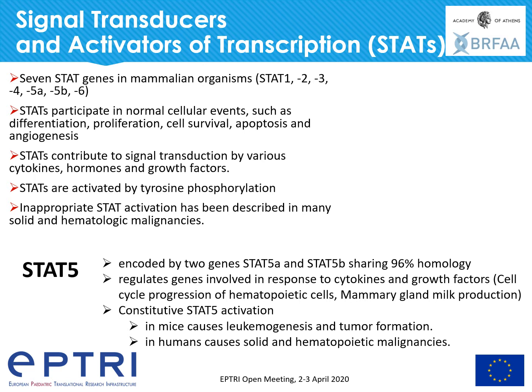STATs contribute to signal transduction by various cytokines, hormones, and growth factors, and STATs are activated by tyrosine phosphorylation. Inappropriate STAT activation has been described in many solid and hematologic malignancies.